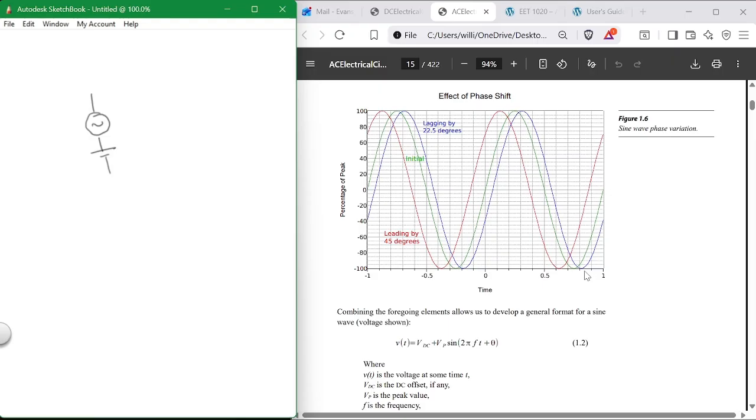We do get phase shifts, but we don't get multiple frequencies, okay? We don't introduce a third frequency or a fourth frequency. We call it one frequency for a circuit, and it's either going to be leading or it's going to be lagging. Now, the green one is right on. This one is a lead, this one is a lag. Does everybody see that?